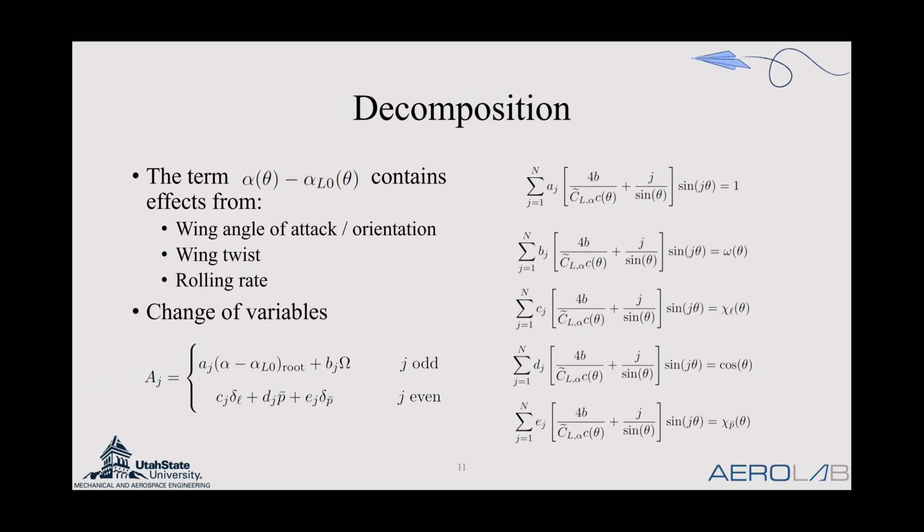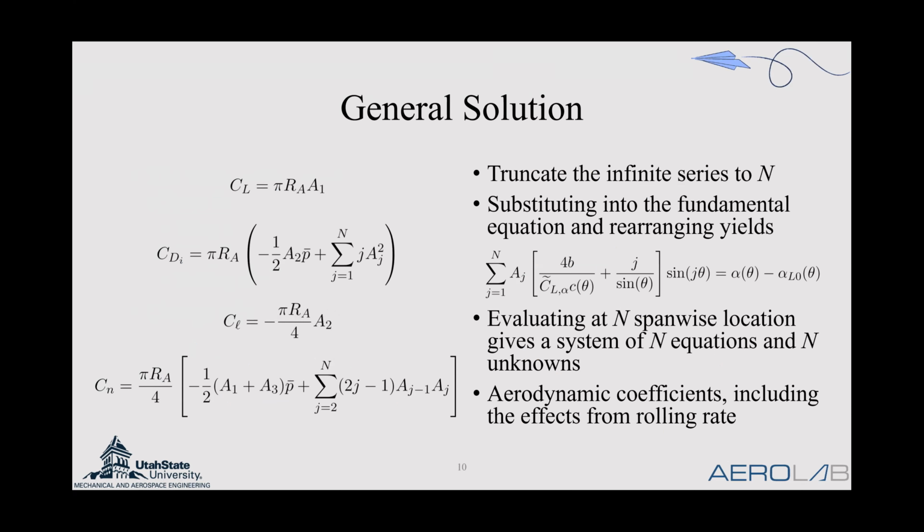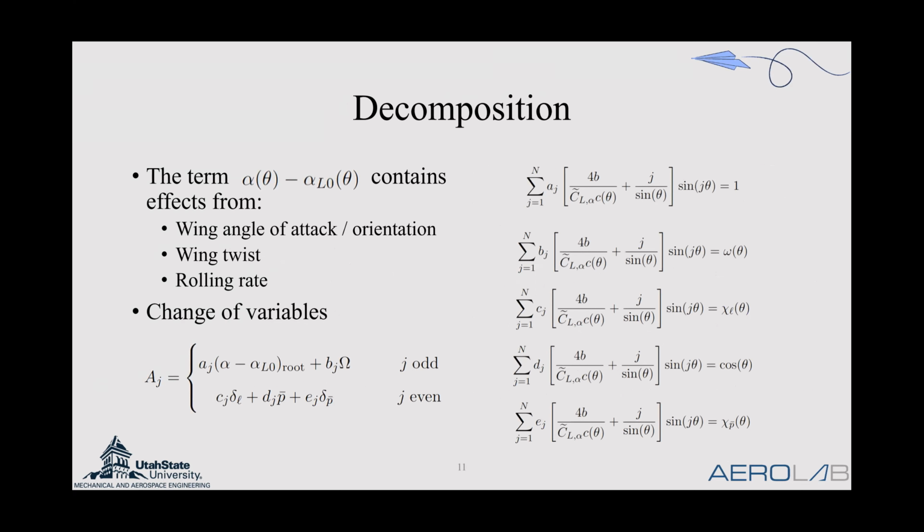Using these Fourier coefficients the way we have can be a little bit difficult, because for any small change in geometry, any small change in orientation of the aircraft or twist, we have to repeat the entire analysis.